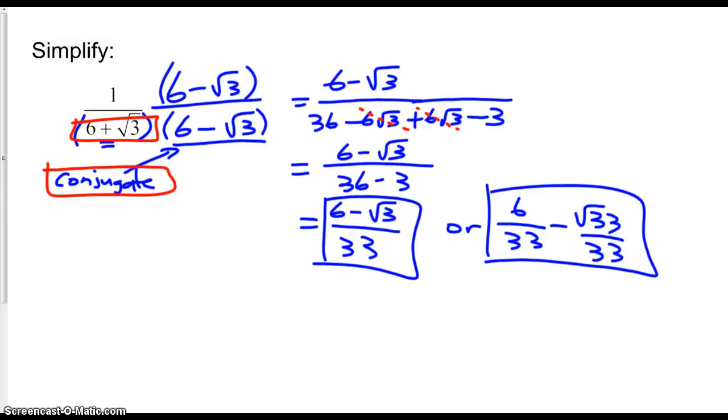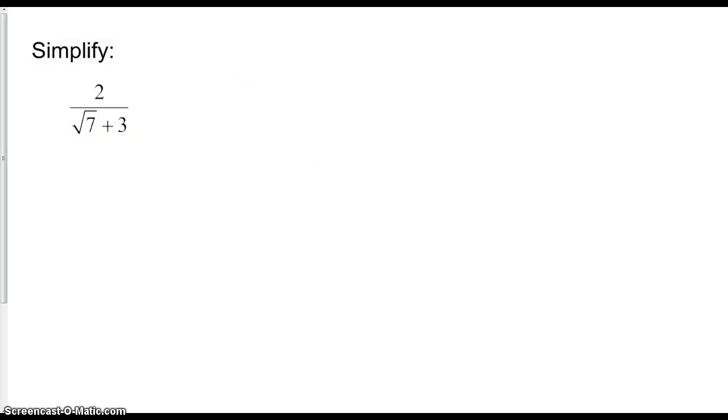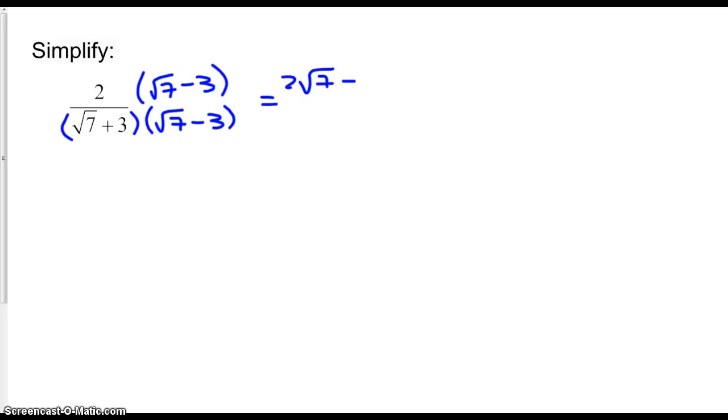Okay, so try the same idea. Look at this example. Pause it for a second, digest it, and then try it on this problem right here. Okay, if you've tried this, this is what it should look like. You're going to take the conjugate of the denominator, which looks like this. And then when you multiply it out, you're going to get 2 square root of 7 minus 6, because the 2 has to multiply both of those.